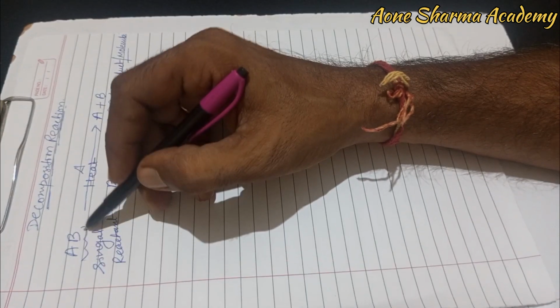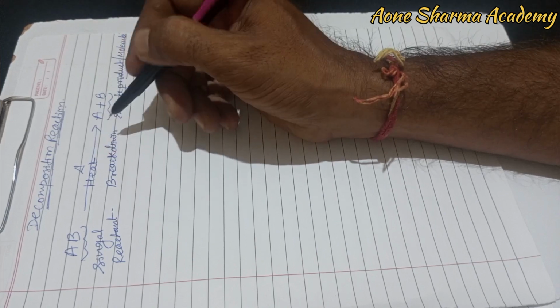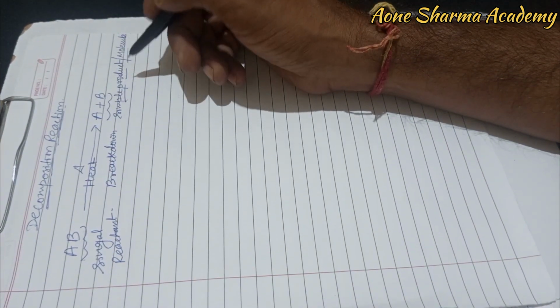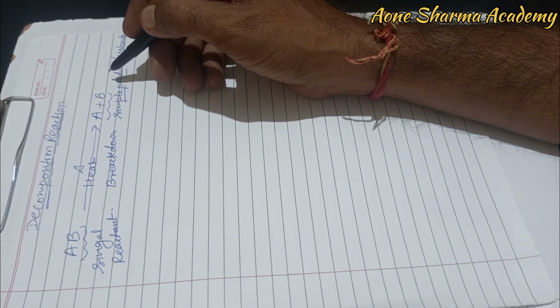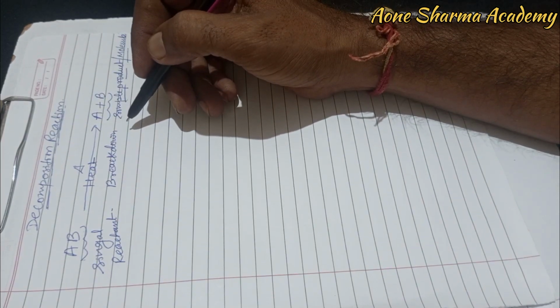I mean, AB is a single reactant, it gains heat, after that it breaks down and forms new products, A and B, simple molecules. This is called a decomposition reaction.